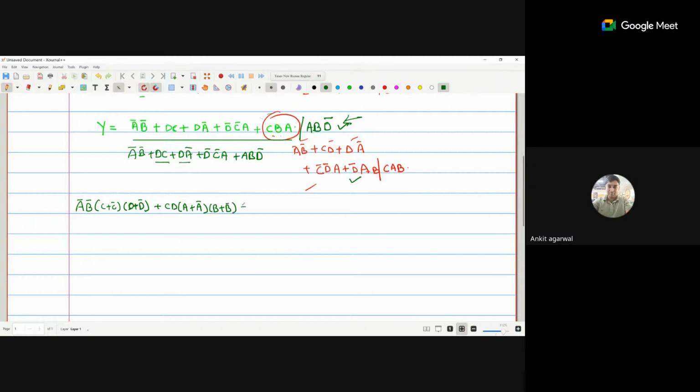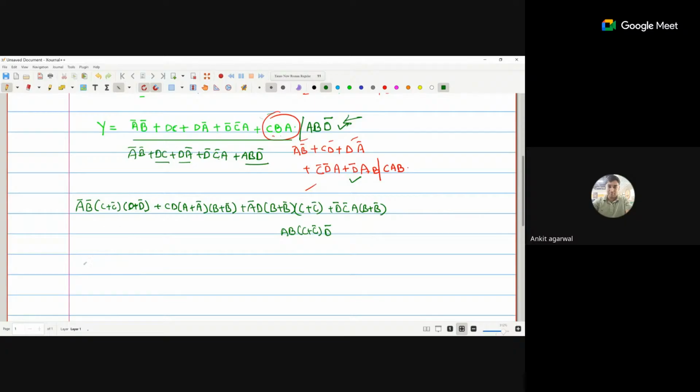Here A bar D is available, so I multiply B plus B bar, C plus C bar. Here B bar is missing, so D bar, C bar, A, B plus B bar. And C is missing, so A, B, C plus C bar, D bar.